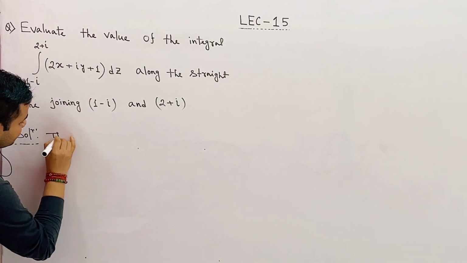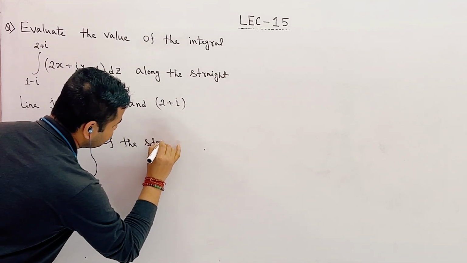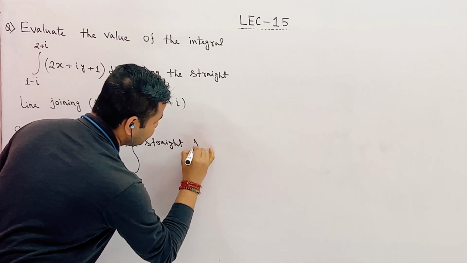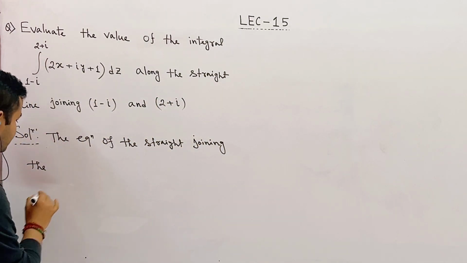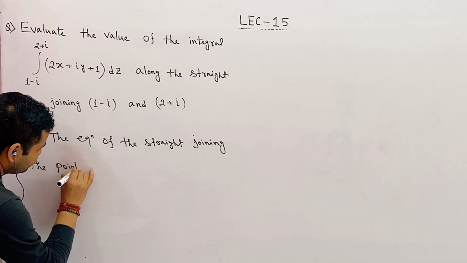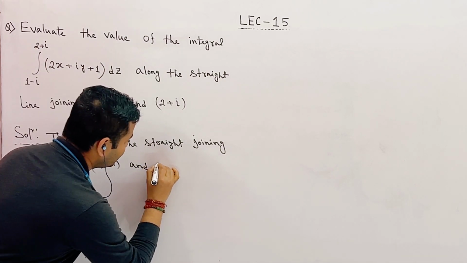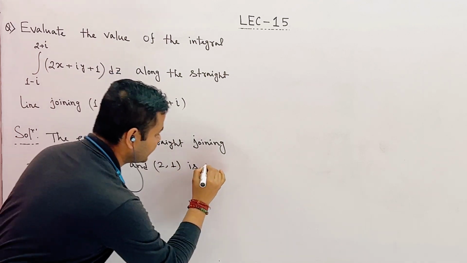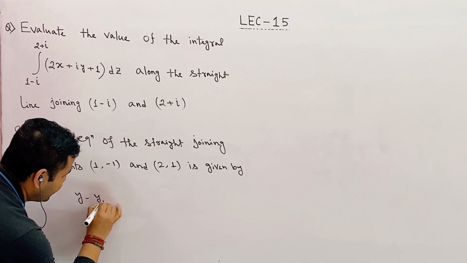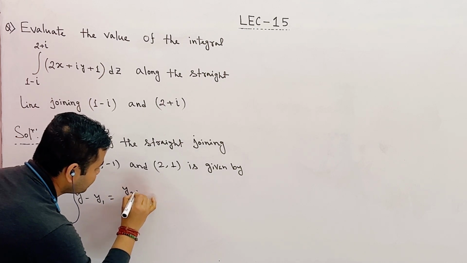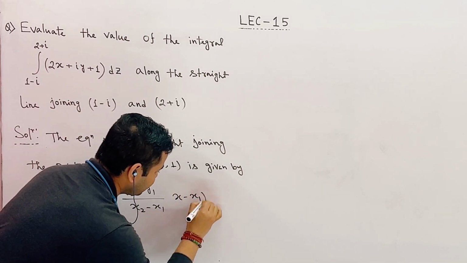The equation of the straight line joining the points 1 comma minus 1 and 2 comma 1 is given by y minus y1 is equal to y2 minus y1 divided by x2 minus x1 into x minus x1.